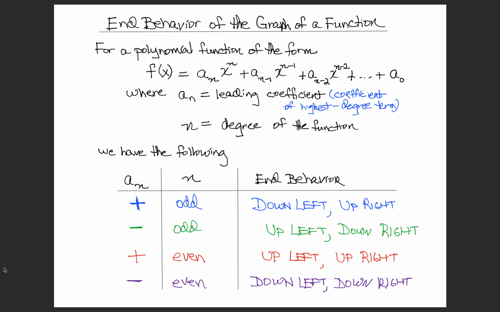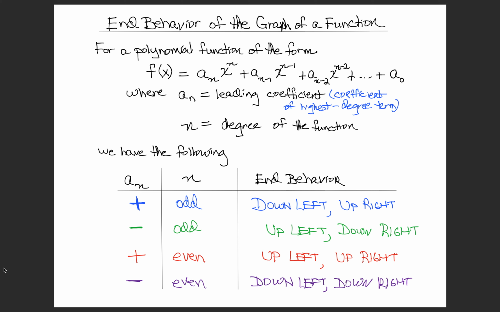And now for the end behaviors, we're going to have possibilities here. The end behavior comes from the combination of the leading coefficient and the degree to which the function is raised.